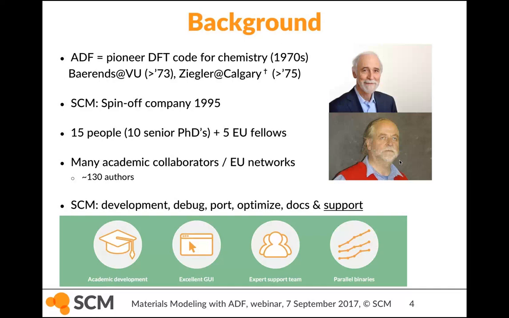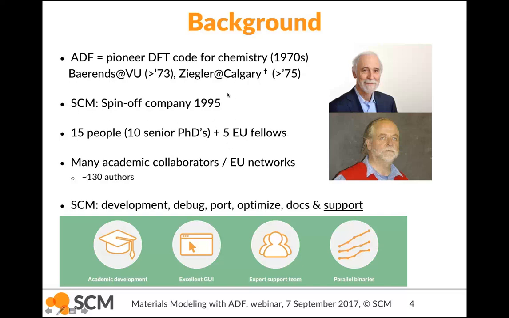At that time, DFT was well respected in the physics community, but not so much in the chemistry community. It wasn't until, let's say, the mid-90s that the chemists started using DFT as well, and by now I think it's safely established that density functional theory is a viable tool for modeling properties of molecules and materials.